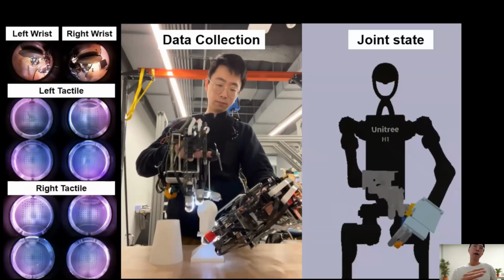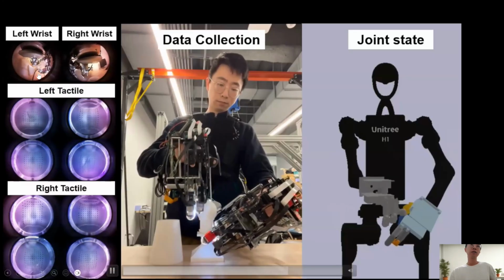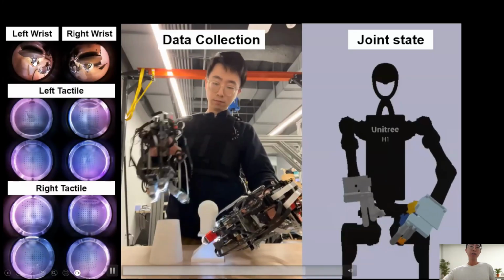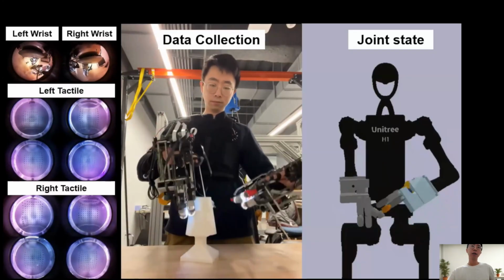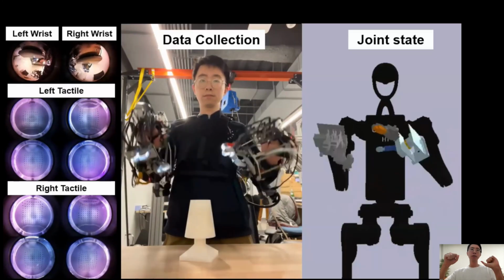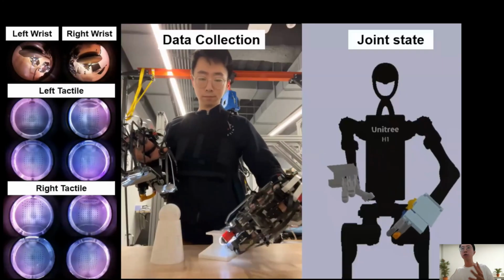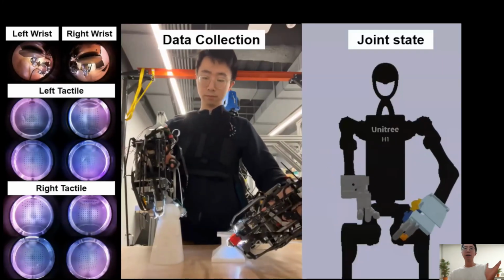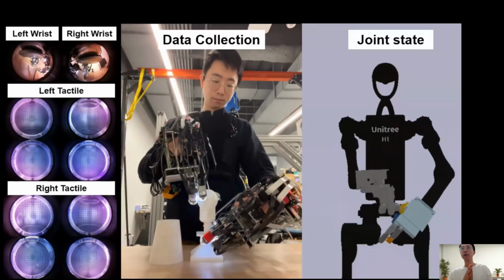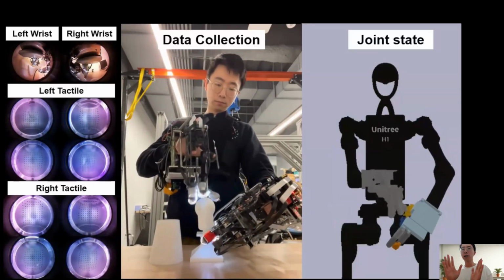On the left side, I show some observations captured by our system, including visual observation from both wrists and tactile observation from both hands. And on the right side, I show you the joint state captured by our whole body exoskeleton. So there is no retargeting.